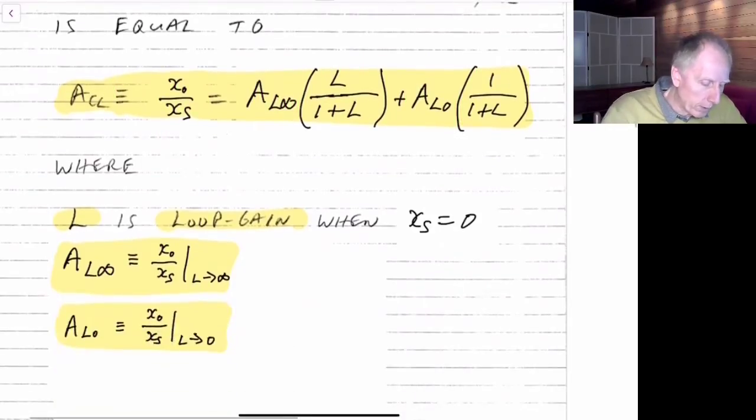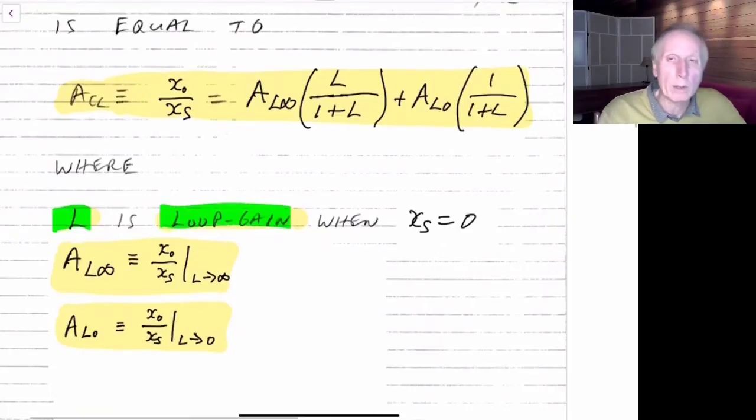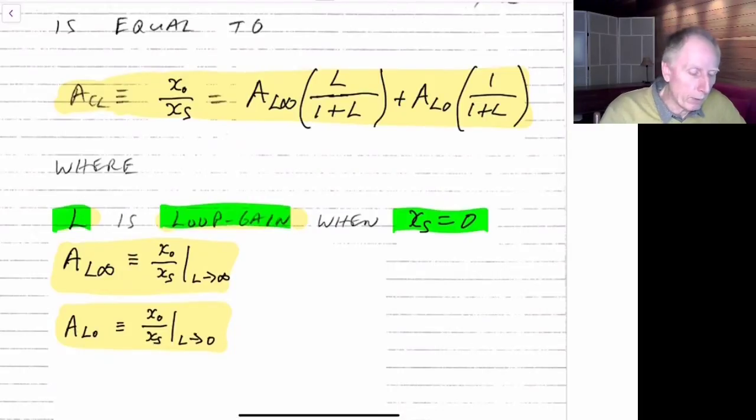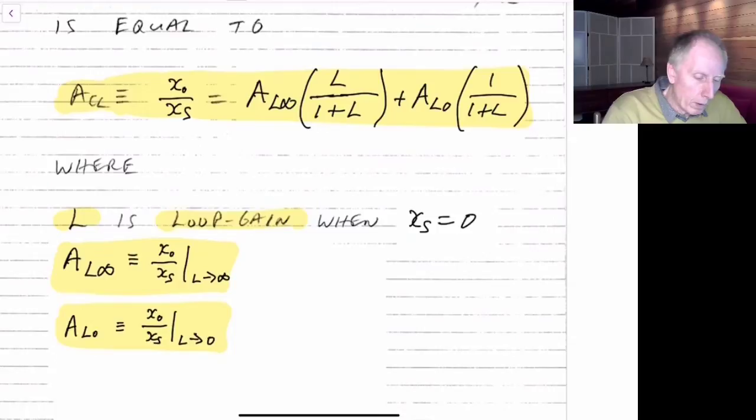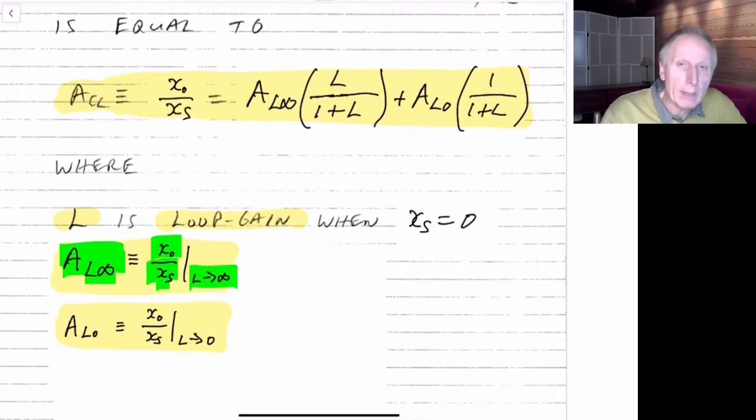L is the loop gain. So if we can look at a circuit and find its loop gain, where we set our input signal equal to 0, then that will give us our value for L. We also need to be able to find A sub L infinity, and that will just be the transfer function from the input to the output if we make L increase to infinity.